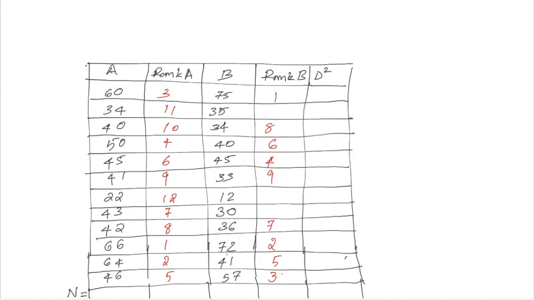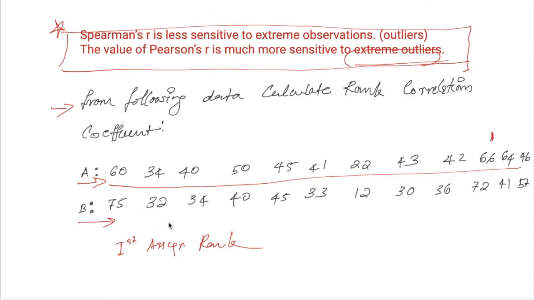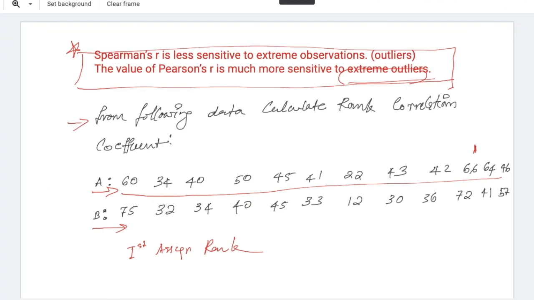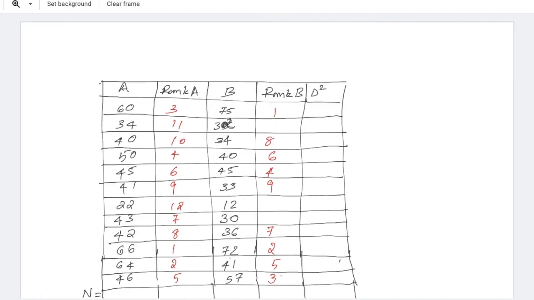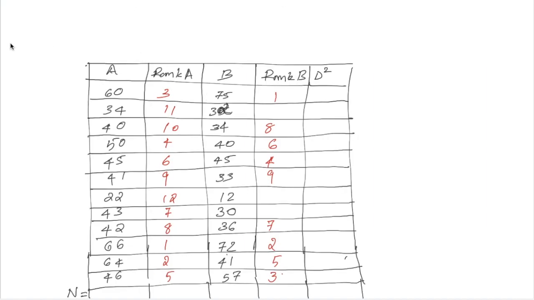32, and I am missing that 32 here. I'm sorry for that. This is 32 actually, it was not 35. If you look at the question, it was 32 here, but unfortunately, when I wrote it here, I wrote it as 35.